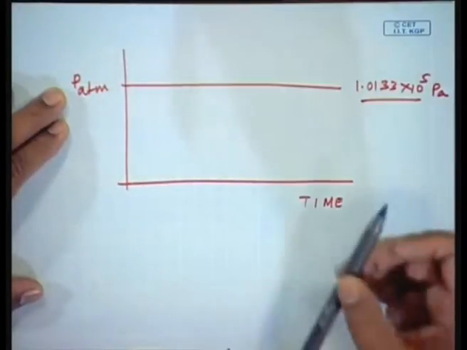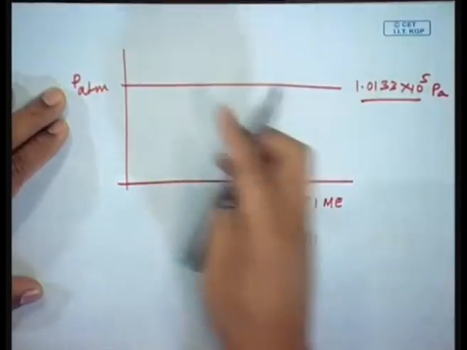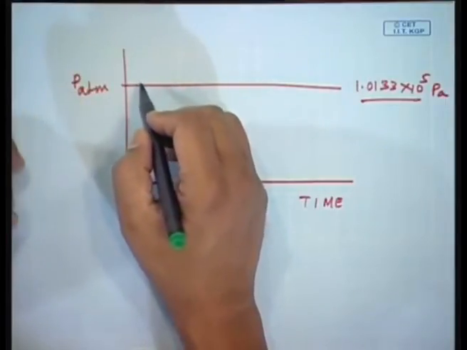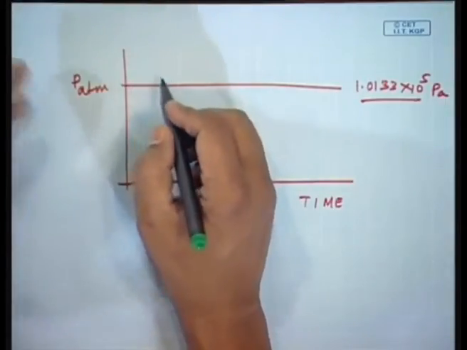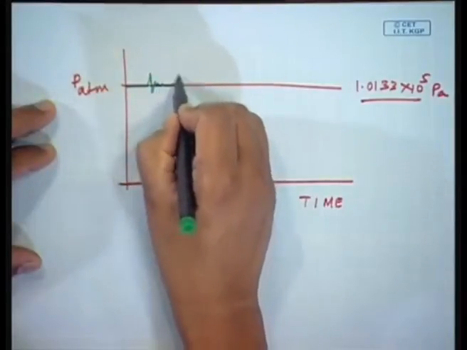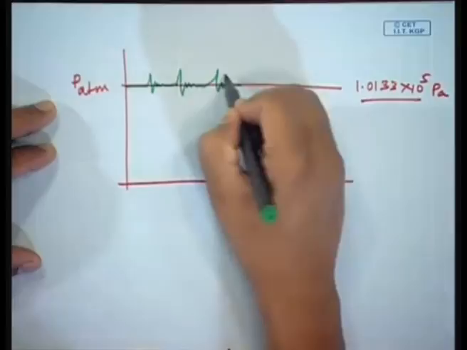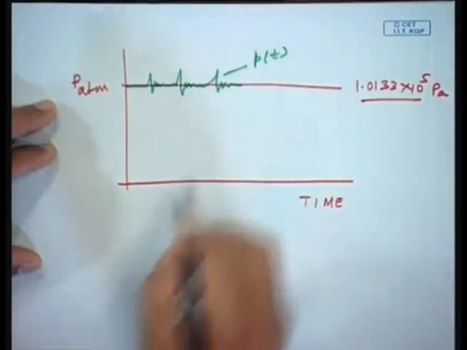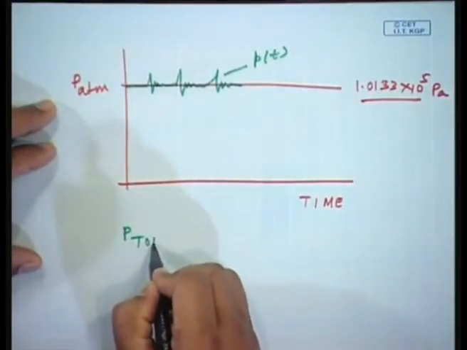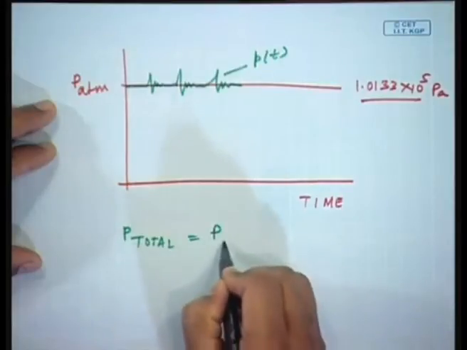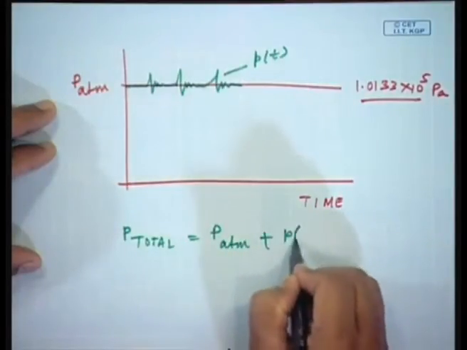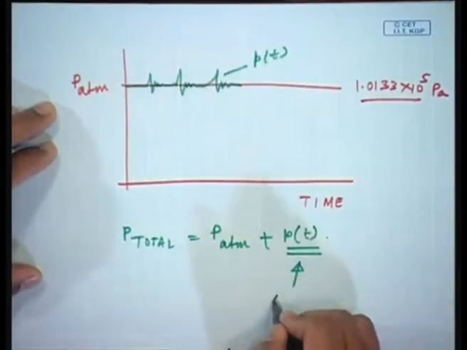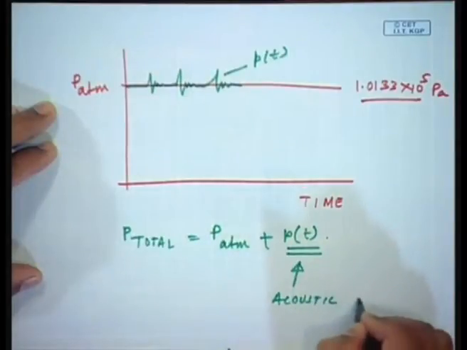On top of this pressure wave, there is a perturbation, because this energy is being transmitted because of somebody speaking, because of a machinery making noise. So, there will be small fluctuations in sound pressures, and this I denote by small p(t). So, this is the dynamic component. So, the total pressure incident on our eardrum is P atmospheric plus P dynamic, I can say, and this small pressure is what is known as the acoustic pressure.